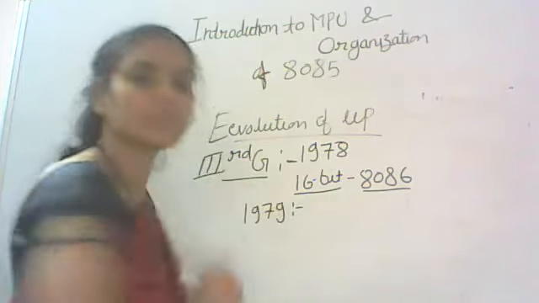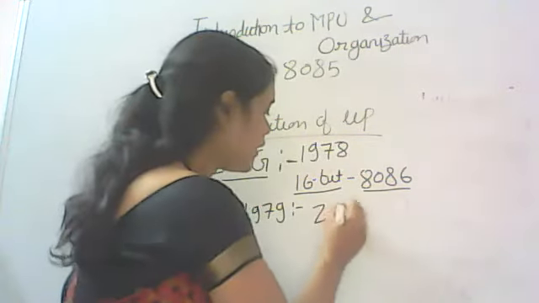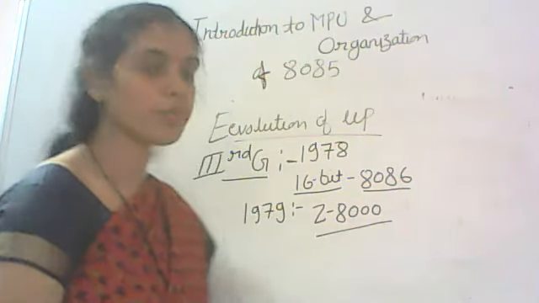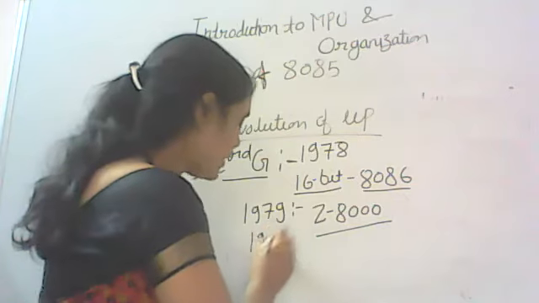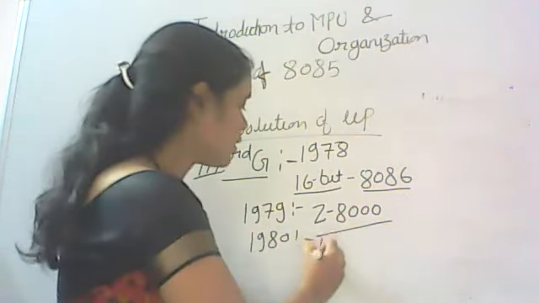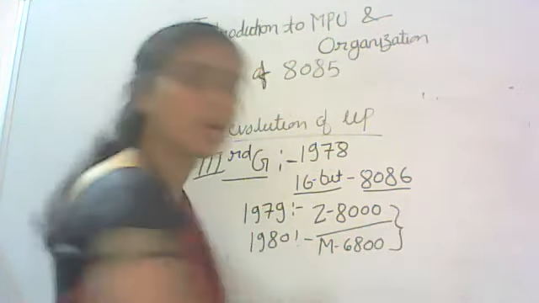In 1979, Zilog introduced the Z8000 microprocessor, and in 1980, Motorola introduced the M68000 microprocessor.